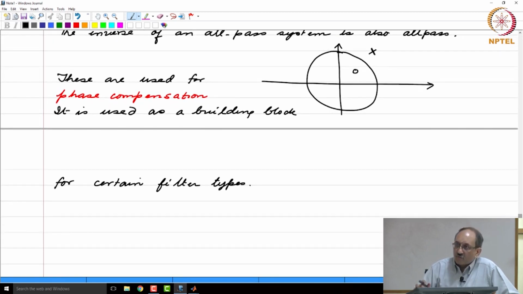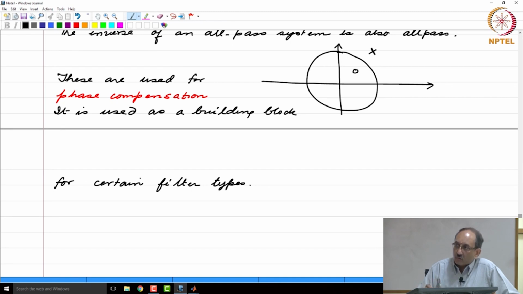And to give you a feel for what this means, an all pole filter can always be expressed as a sum of two all pass sections. An all pole filter can always be represented as a parallel combination of all pass sections.